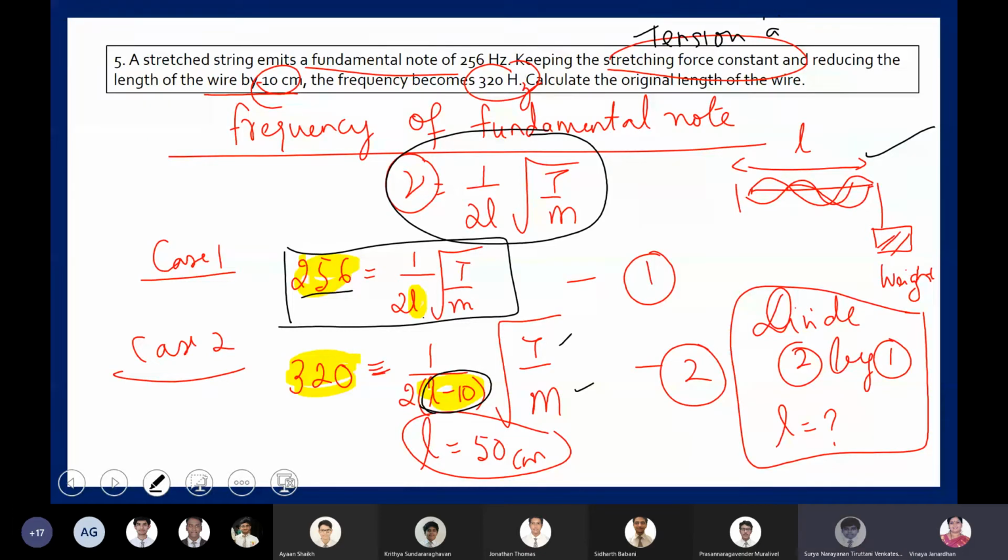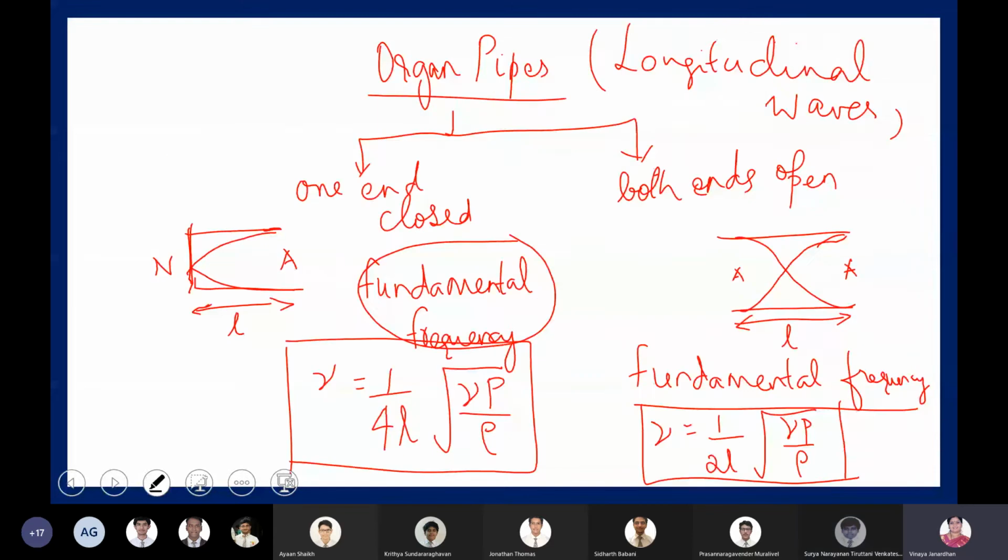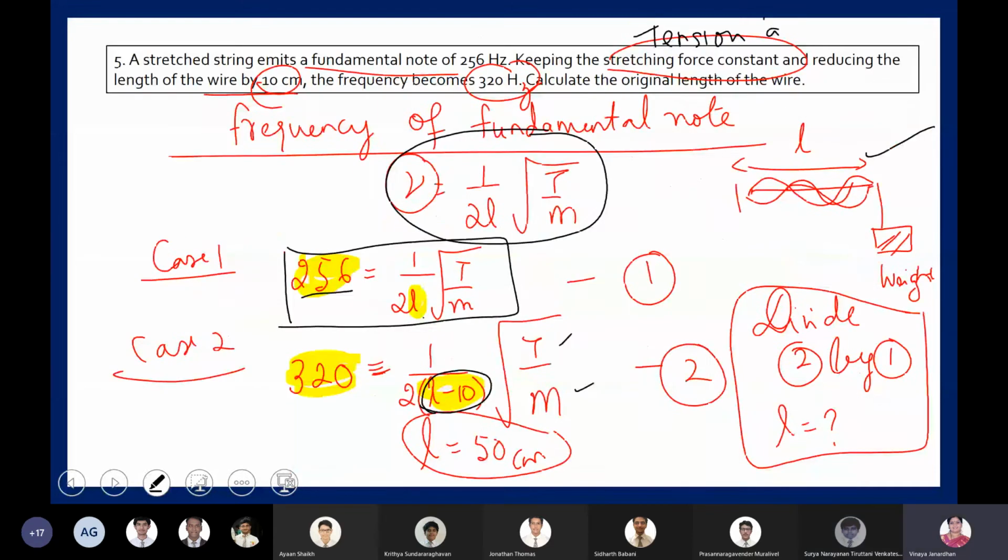Yeah, 50. Should I divide equation 2 by 1 and then cross multiply? If someone wants me to, I will do that numerically. Are you getting this value of L as 50 centimeter?